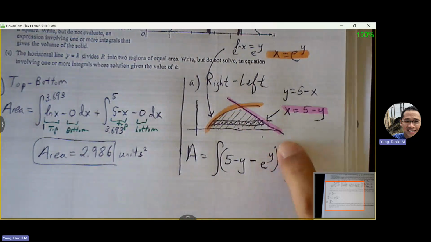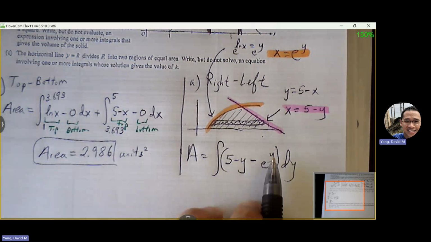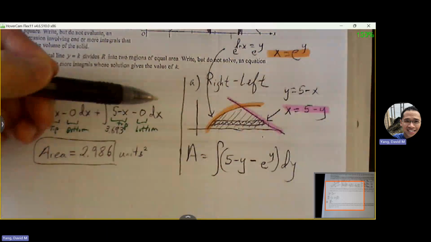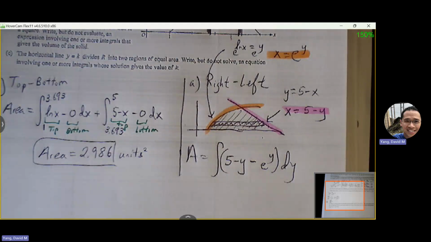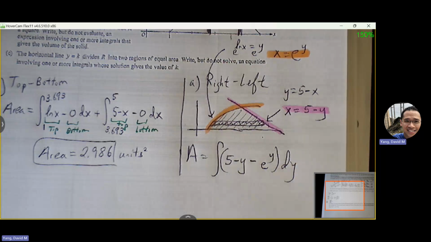I see a lot of students wanting to put a squared here because later on we're going to see volume, and volume is pi r squared a lot. So sometimes when students go back to doing area, they feel like there's something missing. But area is supposed to be simpler because it's just a two-dimensional calculation. It's not three-dimensional. So all it needs is just top minus bottom.